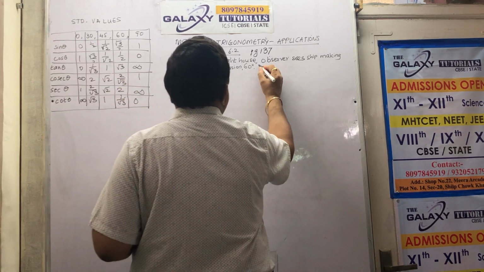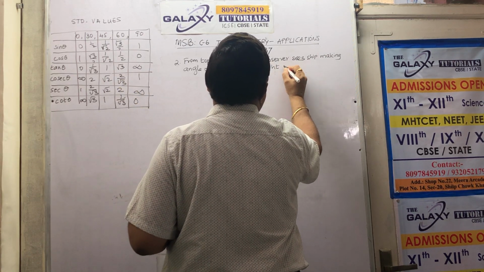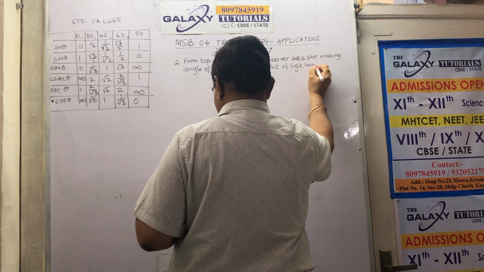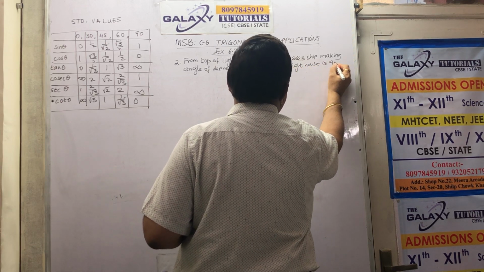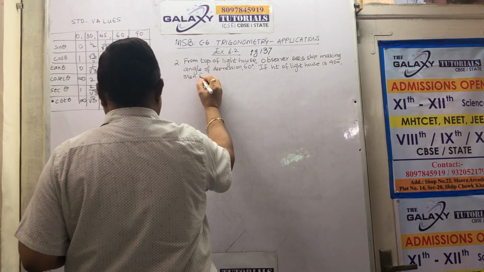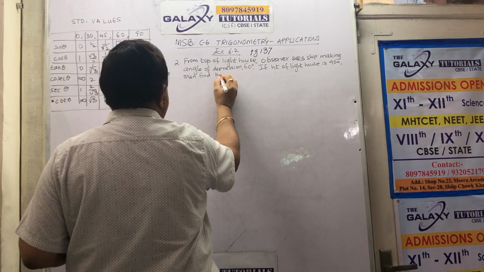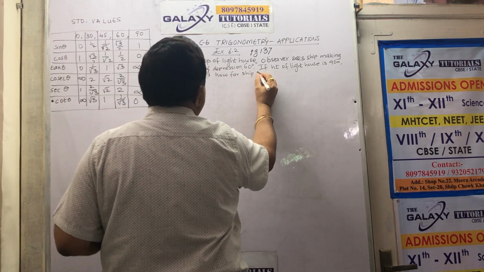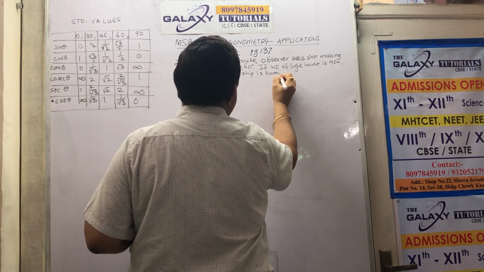If the height of the lighthouse is 90 meters, then find out how far the ship is from the lighthouse.